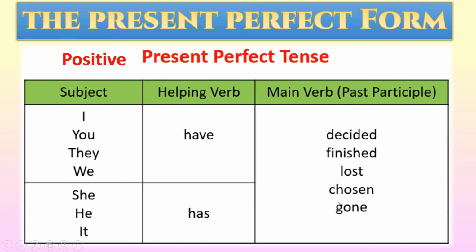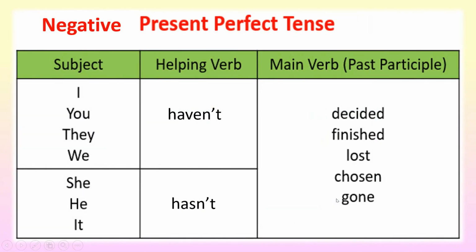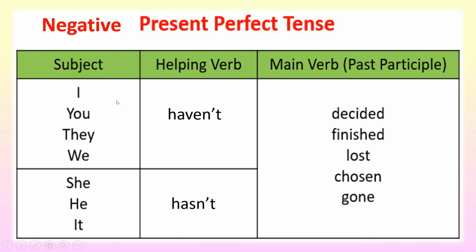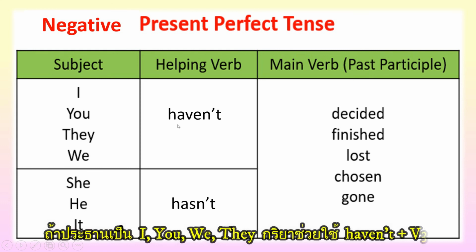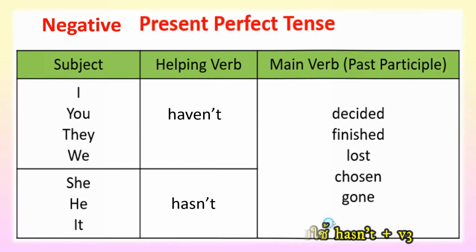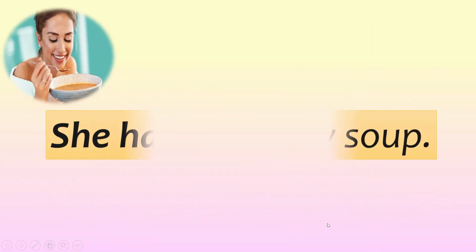In the negative sentence, we have the subject, the helping verb, and the main verb, the past participle. I, we, you, they take haven't as the helping verb in negative form. He, she, it, or a singular noun takes hasn't as the helping verb for negative form.